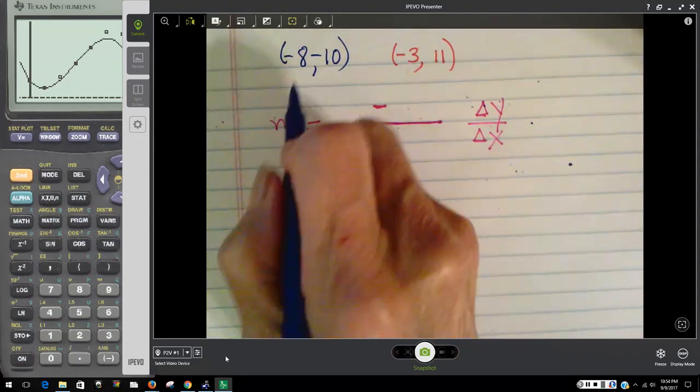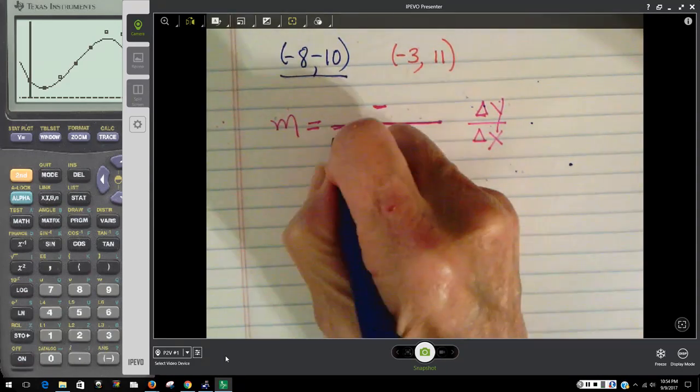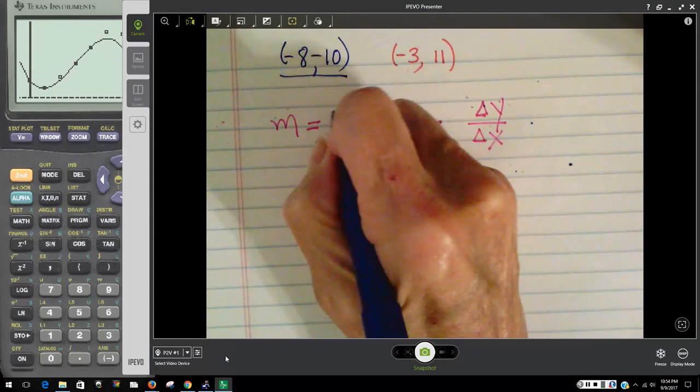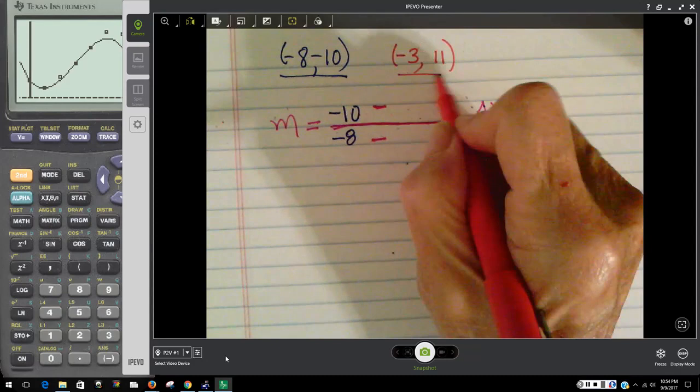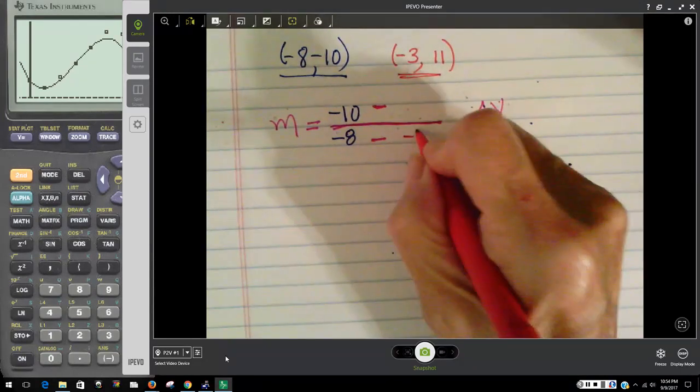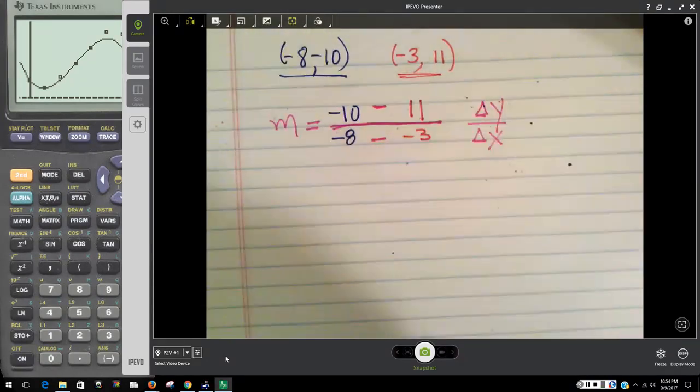So this first point here is -8, -10. And this second point is -3, 11. And as long as you've got those points lined up correctly, then you're going to get the right answer for the slope.